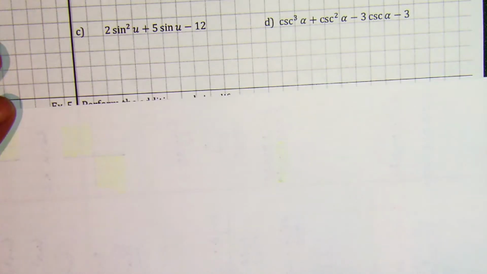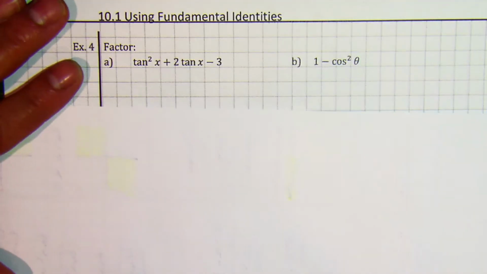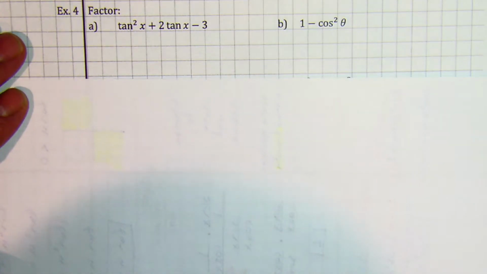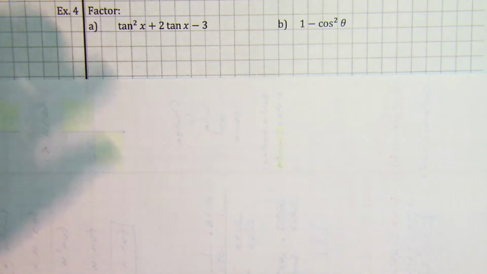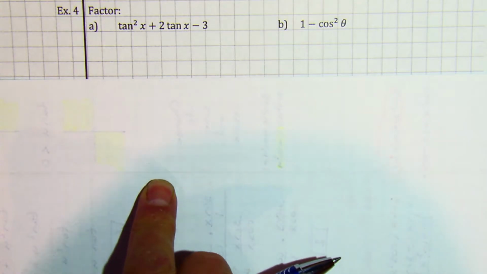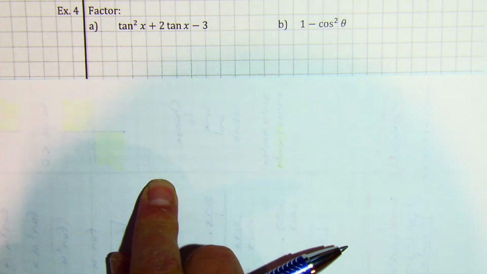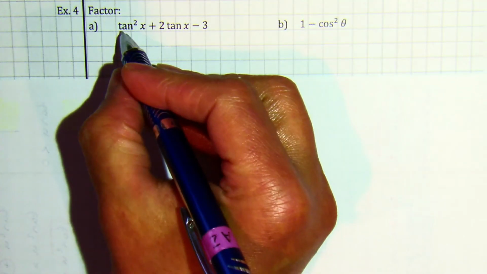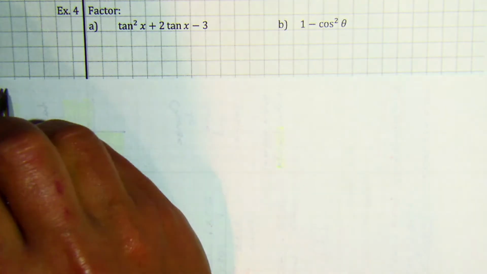Example number 4. On example number 4, you need to be comfortable factoring trigonometric expressions. So copy it down and we'll start once you are ready. And we factor on section 10.4, or excuse me, 10.5, what we need to solve. So in this case, we have the trinomial, 3 terms.